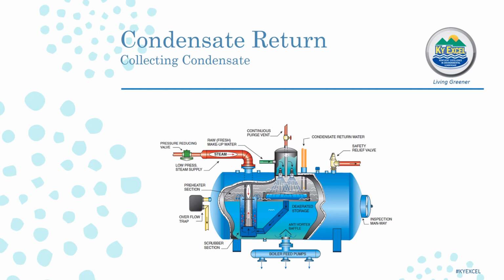A closed-loop system which collects condensates is advisable for energy efficiency. Condensates collected in the return can be used again within the steam loop as feed water. Thus, the collected condensates will supplement water use, which will increase water efficiency while decreasing the water bill.